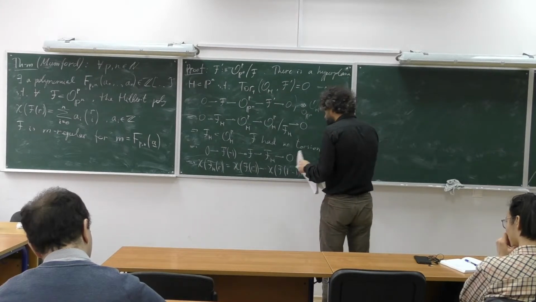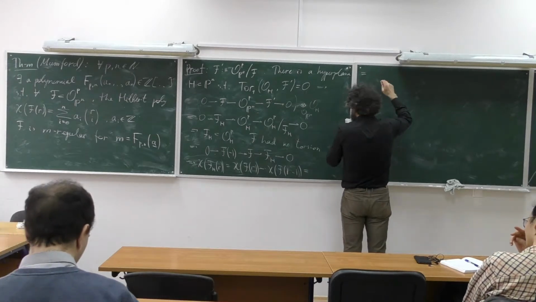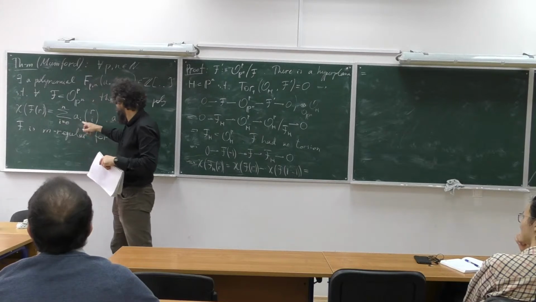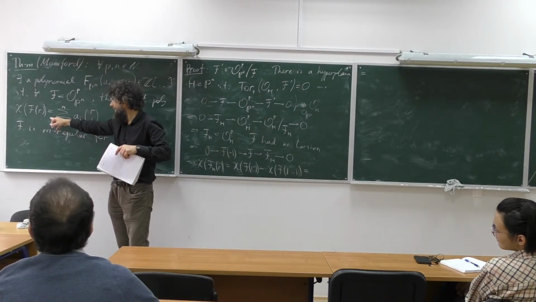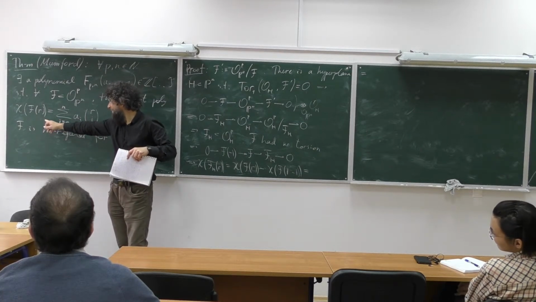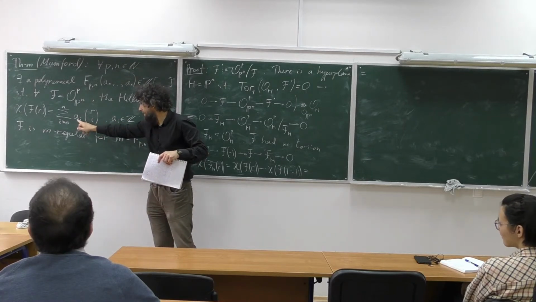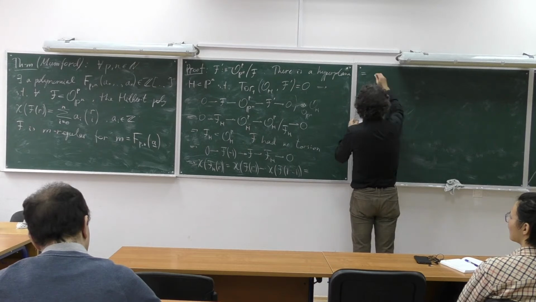Okay, so we have this difference, and we can rewrite this difference. Once again, this is our assumption, and there's nothing to assume. Any Hilbert polynomial looks like this. So we just have some a_i's, and we will rewrite this formula in terms of a_i's.